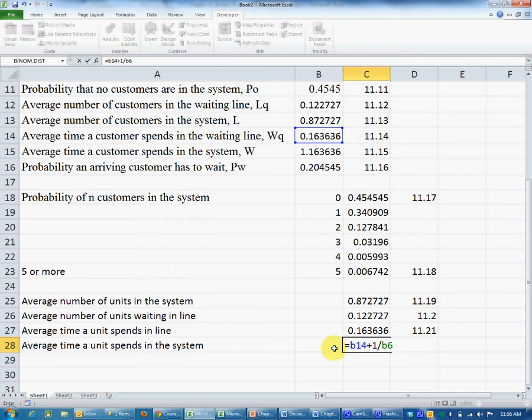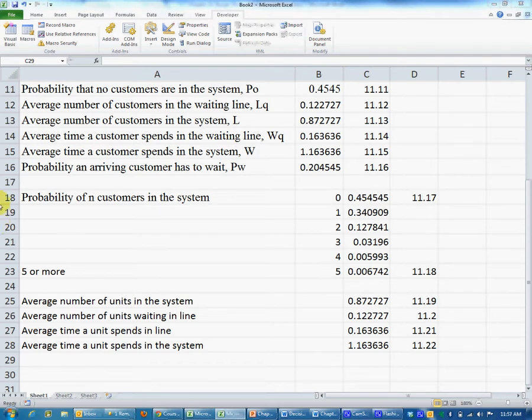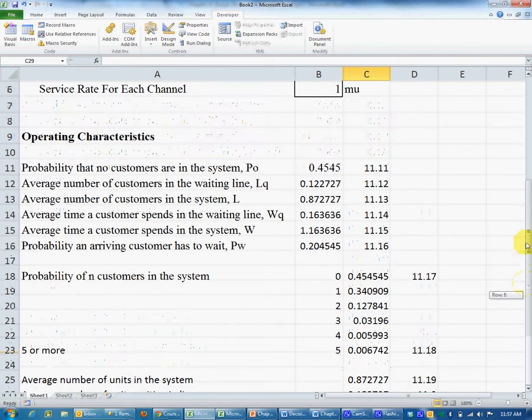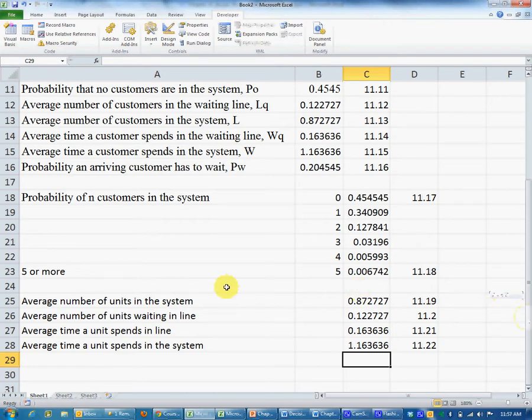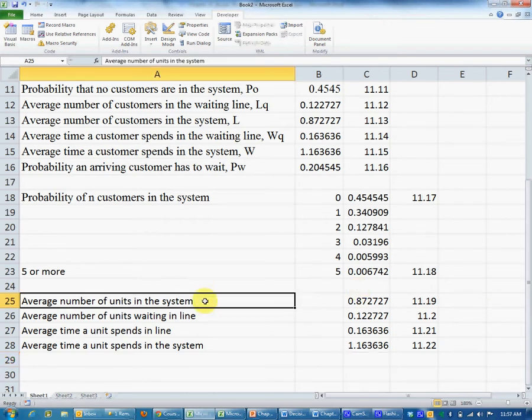Okay, and now what I'm trying to figure out is exactly what we're calculating here, because we already did these numbers. Why do I have this stuff? Because the average number of units in the system here is the same as the average number of customers in the system.